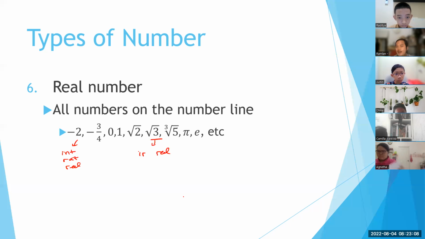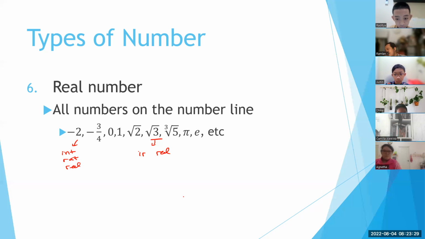I'm going to ask you one more thing. Like I said before, we have rational and we have irrational. Ada yang masuk akal, ada lawannya yaitu irrational. If there is real, is there an opposite of real? The opposite of real number?